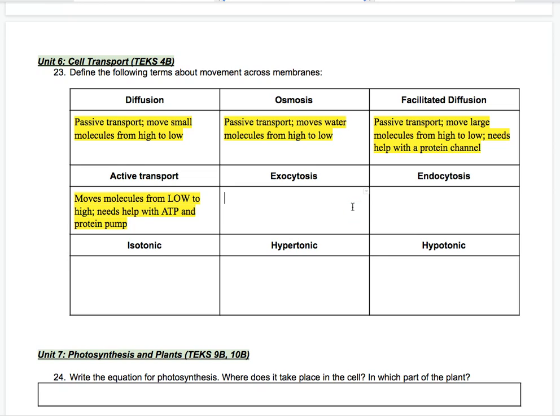Then we have exocytosis. This is another type of active transport. This is when extra large molecules are pushed out. They're fused with the cell membrane and then pushed out.